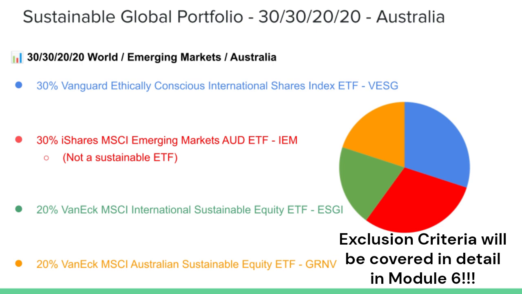It will exclude civilian firearms, conventional weapons, controversial weapons, fossil fuels, gambling, genetically modified organisms, nuclear power, nuclear weapons, tobacco, soft drinks, which is honestly a bit surprising, that it even excludes soft drinks. It then mentions that remaining stocks are researched using MSCI ESG research data to look at if there's any risk associated with them, if there's a low sustainability score.